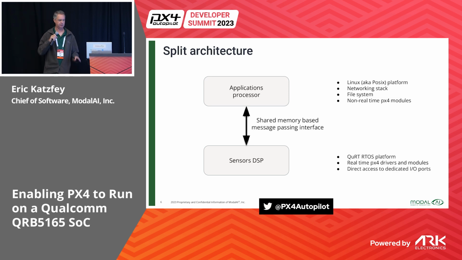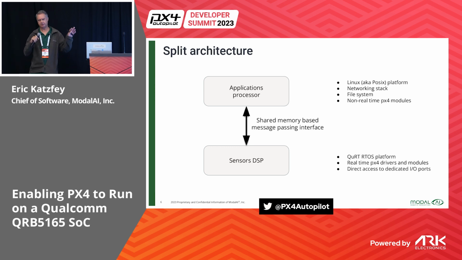So all the critical real-time flight stuff goes on the sensors DSP side, and then higher level things like the MAVLink interface, the networking stack, logging, access to the file system, the data manager, these kinds of things reside on the applications processor. That's the way we've split it up.